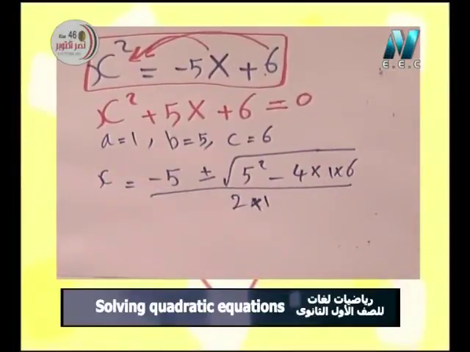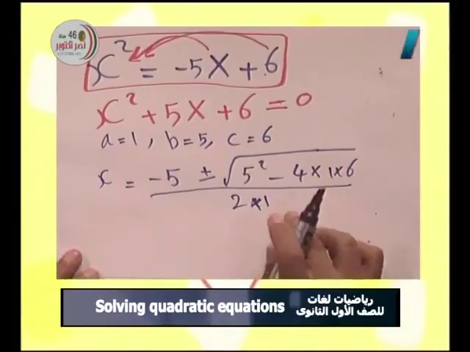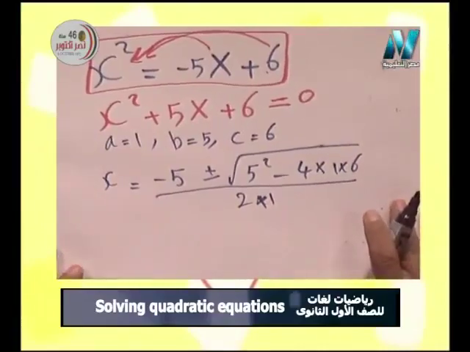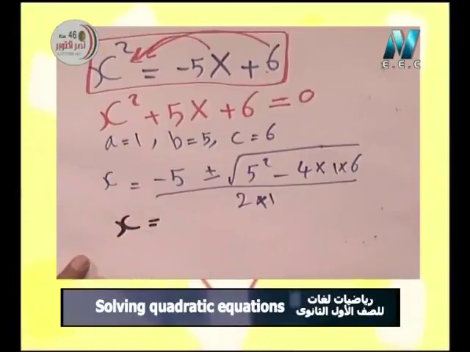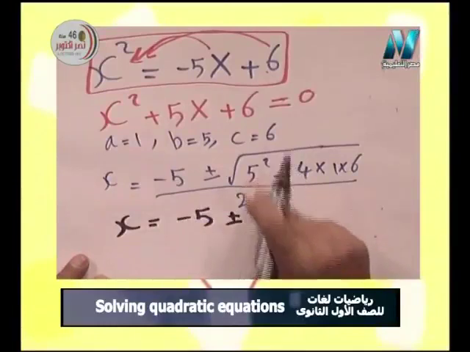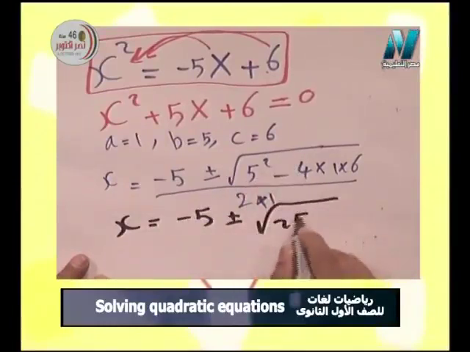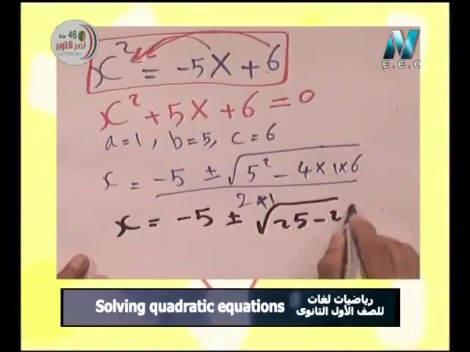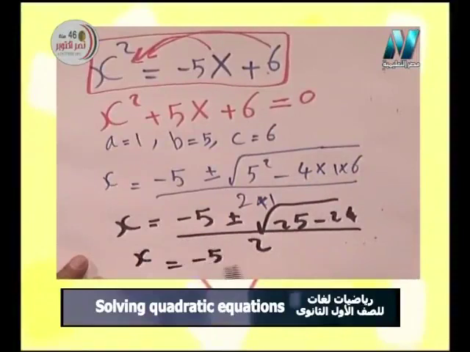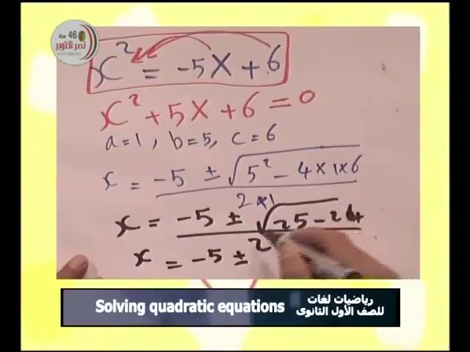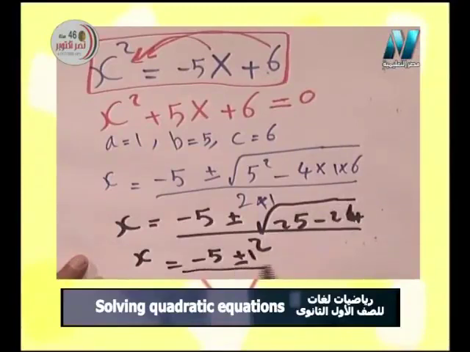Okay, try to solve it. If you write it on your calculator, the answer will come at once. But if you want to solve it mentally, try it. Negative 5 plus or minus 5 power 2 means 25, minus 4 times 6 equals 24, over 2. So x equals negative 5 plus or minus the square root of 25 minus 24, which is 1, its square root equals 1 also, over 2.